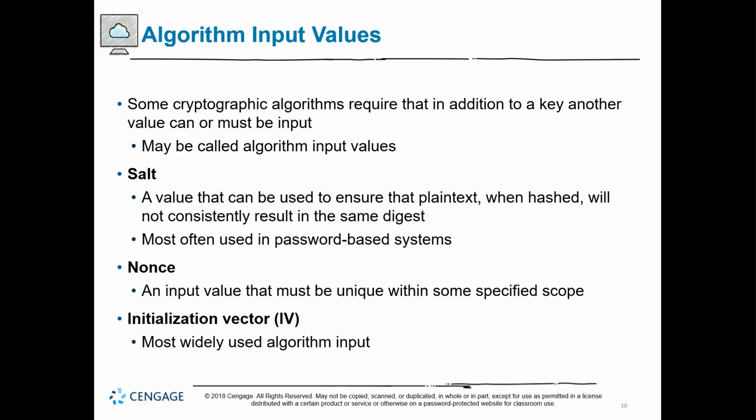Here, the password would actually have to be entered correctly. The system would not allow a hash to be passed for password purposes, because again, the hash would be different with a salt. The nonce is an input value that must be unique within some specific scope.